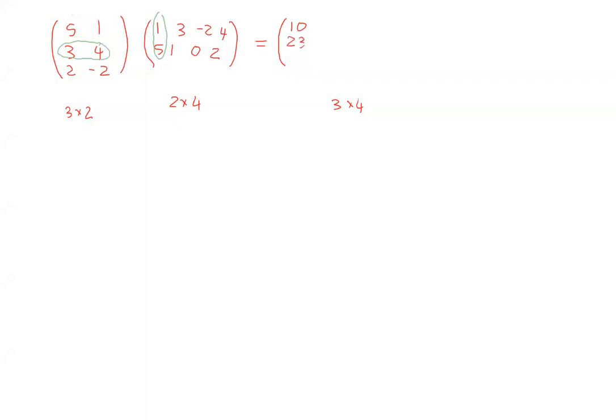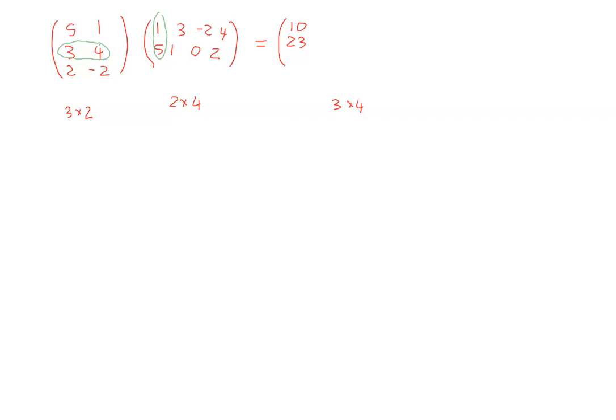Here's what I would like you to do. This matrix is going to have how many more entries? 10 more entries, right? Could you please compute them? Okay, I'll give you 1 minute. Go ahead and find the remaining 10 entries so that you have the full 3 by 4 matrix.